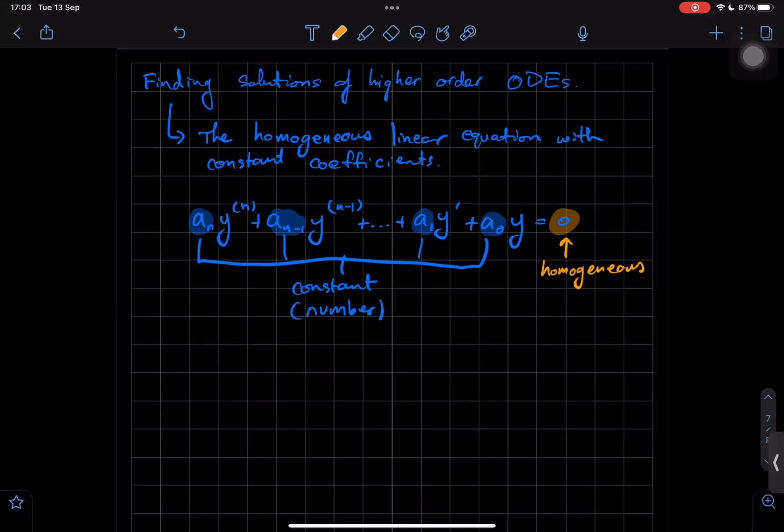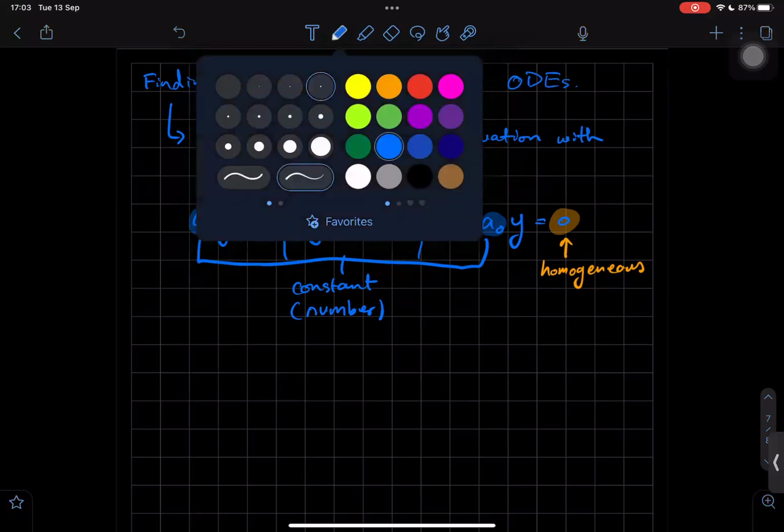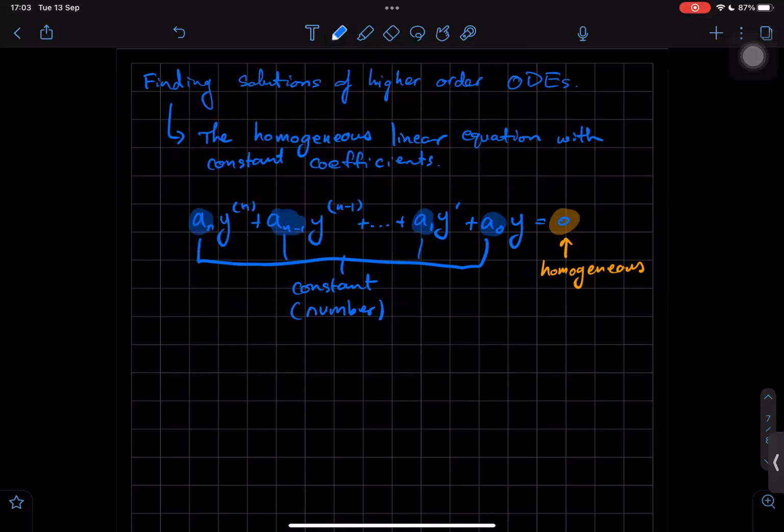Okay, so how are we going to solve something like this? We're using what we call the auxiliary equation. What does it mean?